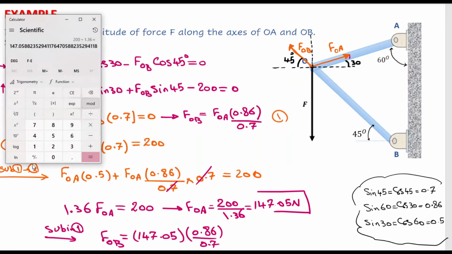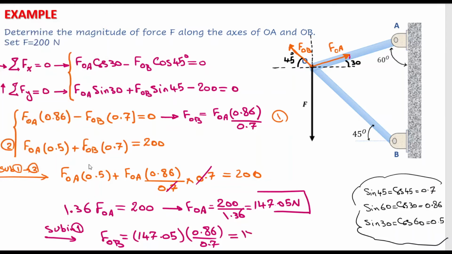So this times 0.86 divided by 0.7 gives me 180.67 Newton. And as we got two positive values for these components of forces along the beams OA and OB, it means the direction that we took is correct.